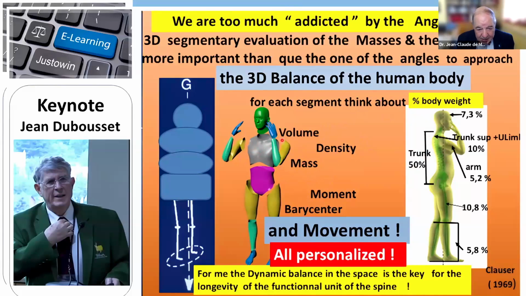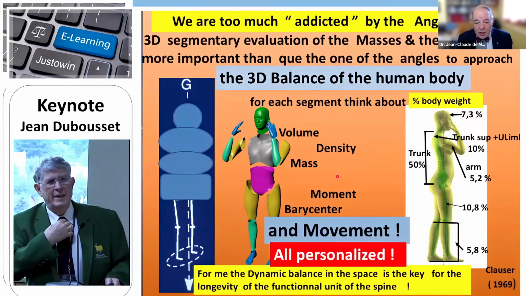You can calculate for each vertebra exactly where the barycenter is, the volume and the mass, upper T3, T4, T5, T6, and we can have a curve of the barycenters of all vertebrae.